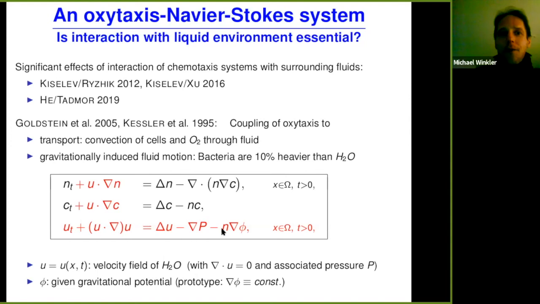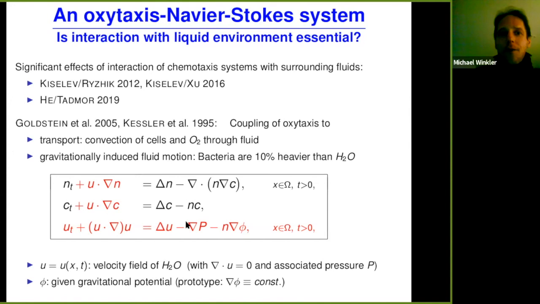And this is the minus n grad phi in the last equation. So this is a very ugly system because it contains an unknown fluid, which has to be described by means of the Navier-Stokes equations. And once you have solved this, I mean, of course, this is coupled, it transports all the other things. This is the full model.